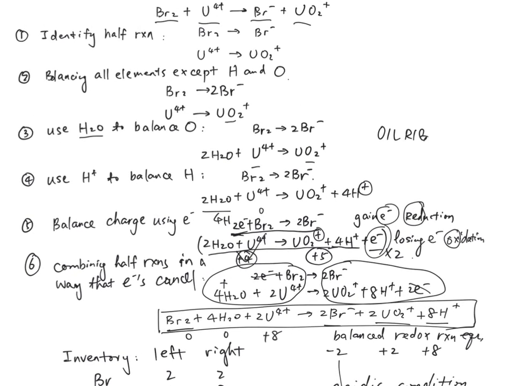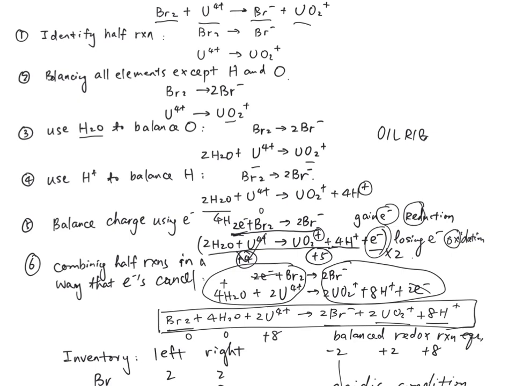Now, when we change this to basic condition, does this mean that I need to start from scratch and do this having a different set of steps? Okay, the answer is actually no. You don't have to. As a matter of fact, from step 1, 2, 3, and even 4, we want you to keep using the same procedure.